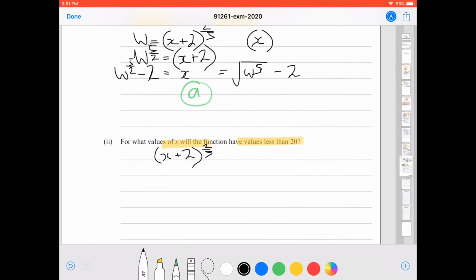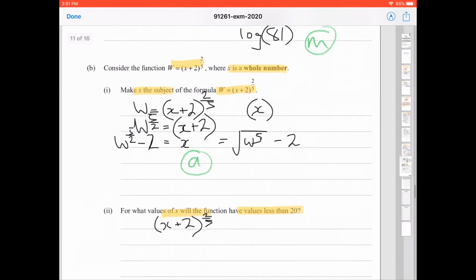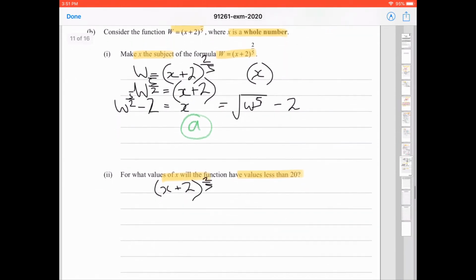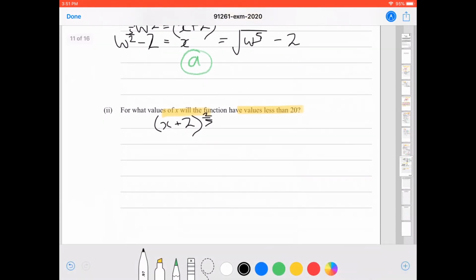And w was, consider the function w equals where x is a whole number. Values less than 20. Basically, we're saying here we want w to be less than 20, I believe.